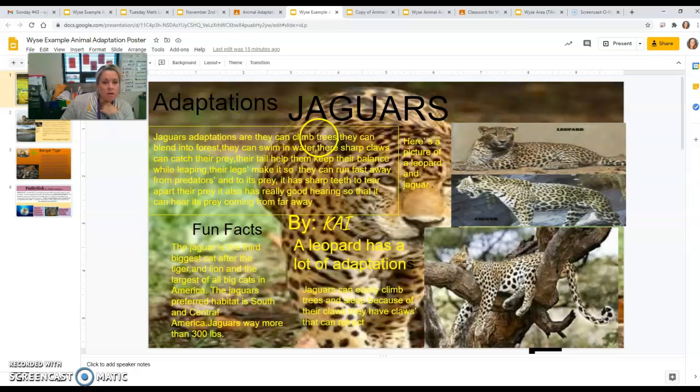So they told us jaguars' adaptations are they can climb trees, they blend into the forest, they can swim in water, their sharp claws can help catch their prey, and their tail can help them keep balance while leaping. They also talk about how fast jaguars are. They have sharp teeth that help them, and then some fun facts.